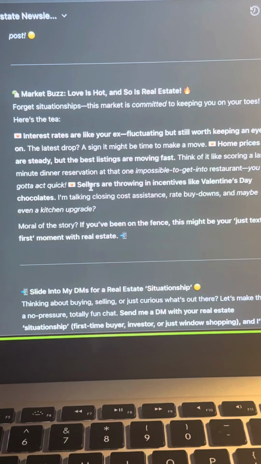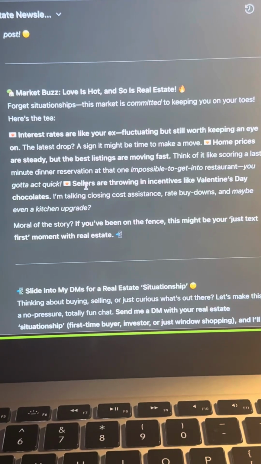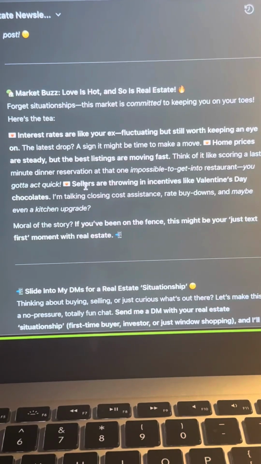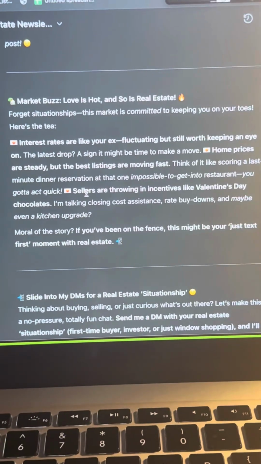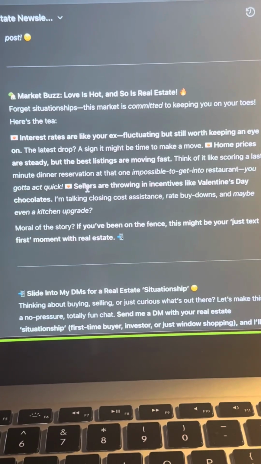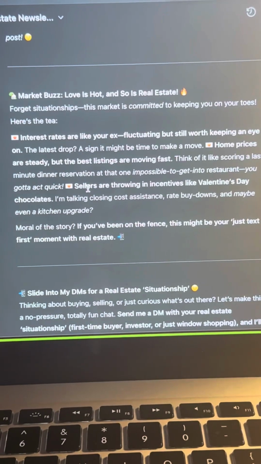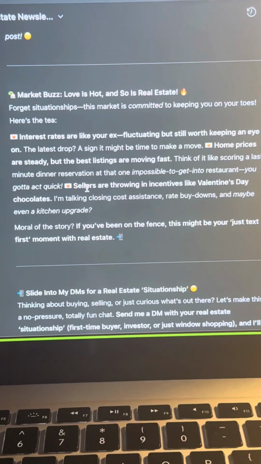Think of it like scoring a last-minute dinner reservation at that one impossible-to-get restaurant. You gotta act quick. Sellers are throwing in incentives like Valentine's Day chocolates. I'm talking closing cost assistance, rate buy-downs, and maybe even a kitchen upgrade. Moral of the story, if you've been on the fence, this might be your just text first moment in real estate. This is so cute.